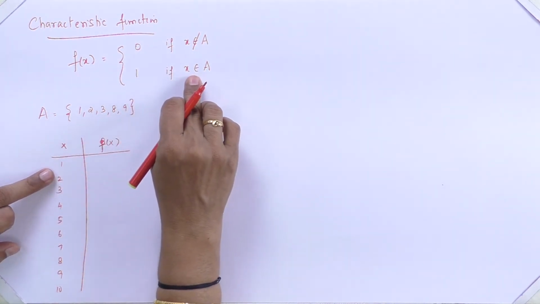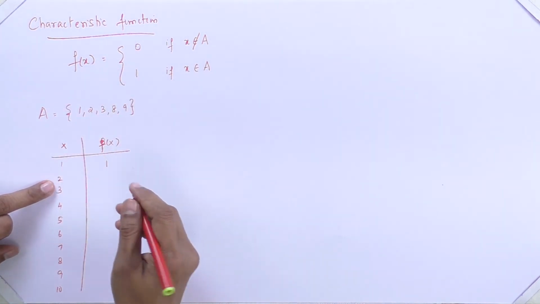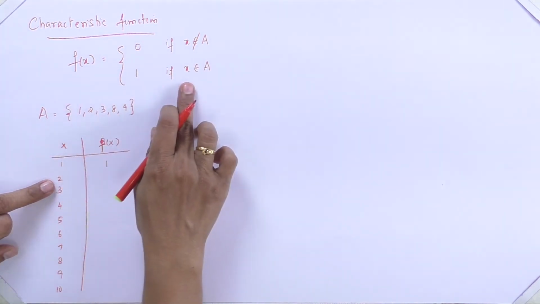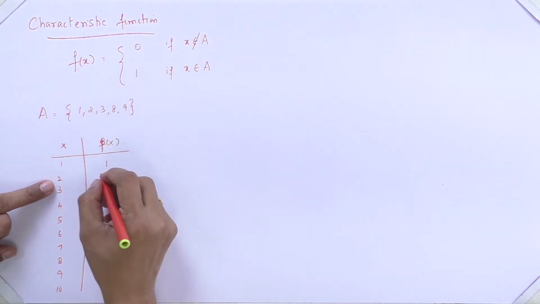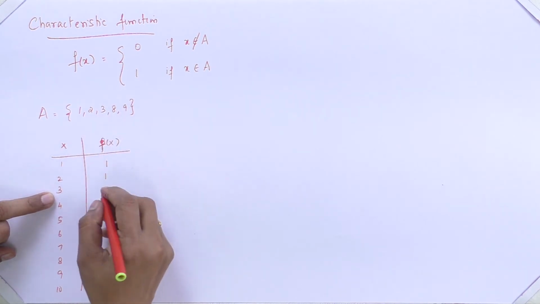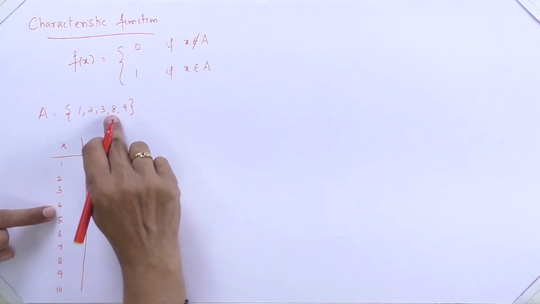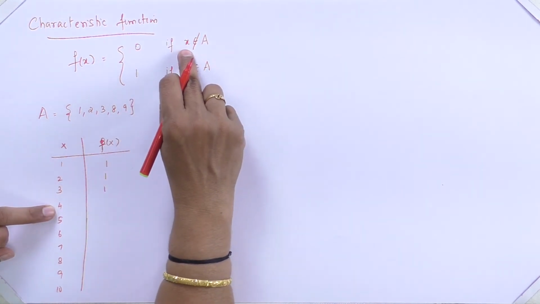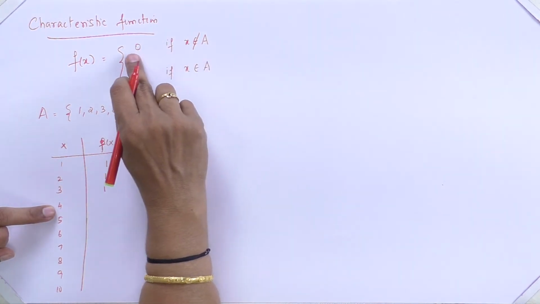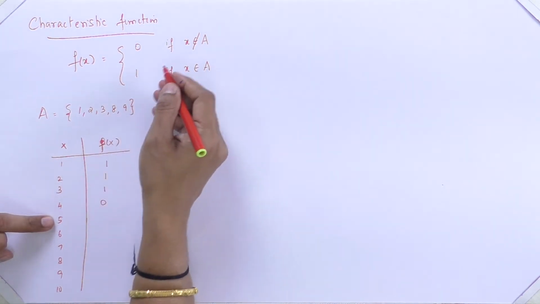If an element is there in the set, then the function takes the value 1. Yes, good. And 2 is here, so again, if an element is present there, the function takes the value 1. Again 3 is present, so it takes the value 1. See here, 4 is not present. So whenever any element is not present in that set, the function will take what? 0. Again 5 is not there in this set.